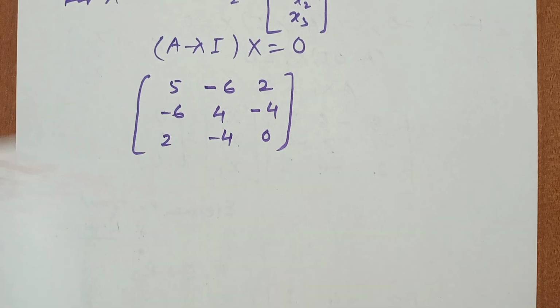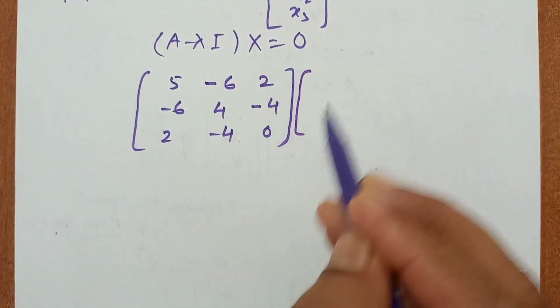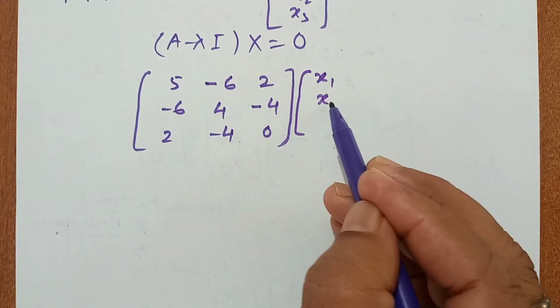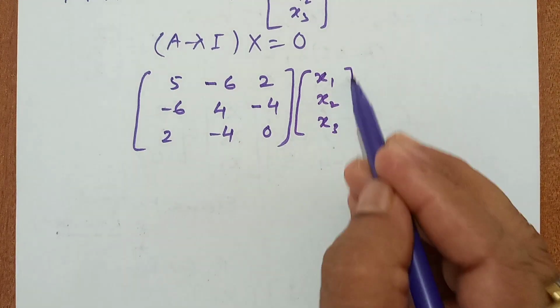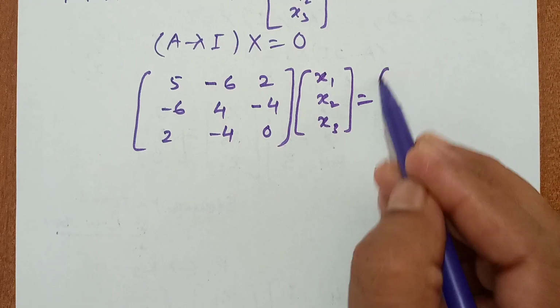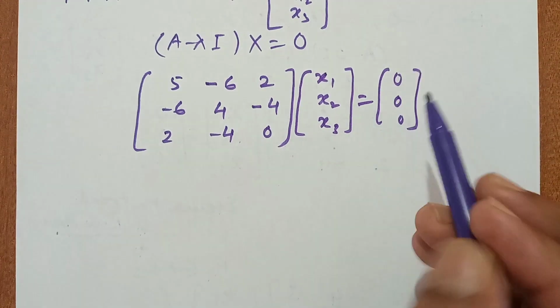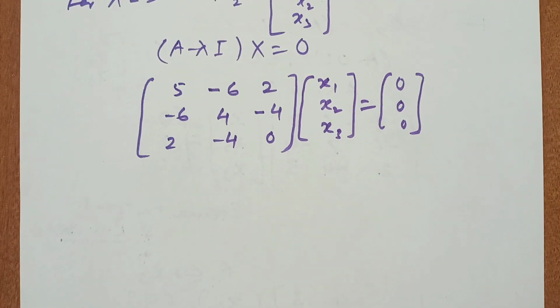Now this times x1 x2 x3 is equal to 0, meaning 0 0 0.